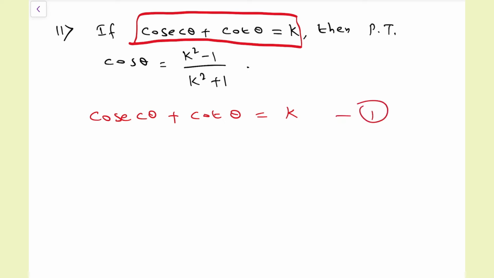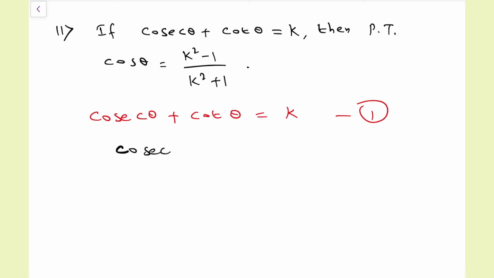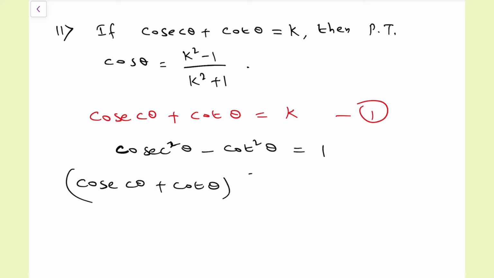Then, related to cosec and cot, we have one identity. What is that identity? Cosec square theta minus cot square theta equals 1. This is in the form of a square minus b square, so if we expand it, (cosec theta plus cot theta) into (cosec theta minus cot theta) equals 1.